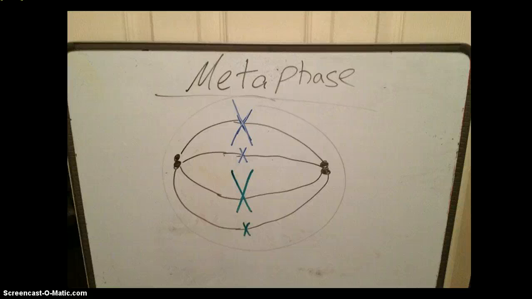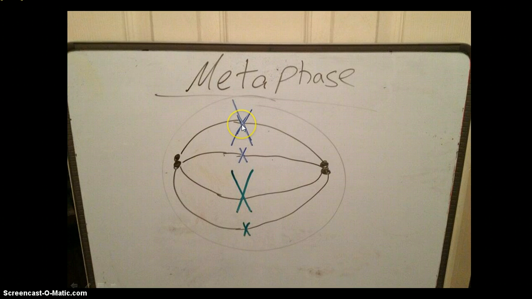In metaphase, you can see that the chromosomes line up on the equator vertically right here, where in meiosis you will see a difference. And it does this so that the sister chromatids can separate.